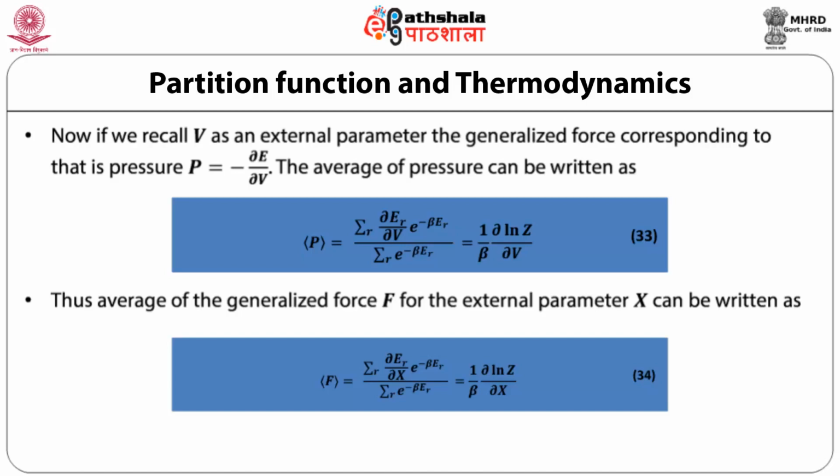Thus, the average of the generalized force F for the external parameter X can be written as the average of F is equal to the summation over R of the partial derivative of ER with respect to X times e raised to power minus beta ER divided by the summation over R of e raised to power minus beta ER, is equal to 1 upon beta multiplied by the partial derivative of log of Z with respect to X.